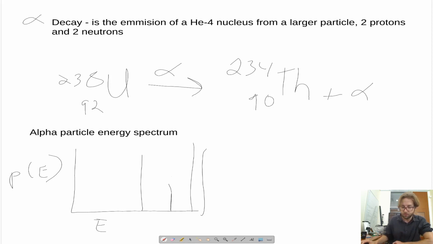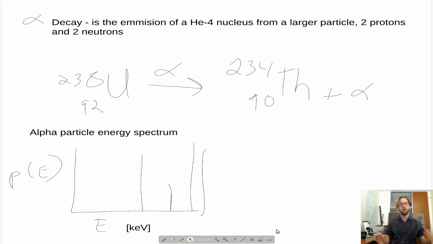And we typically measure this in keV, or kilo electron volts. And this is different than the betas, which come out with a continuous energy. And the reason for this is that there's no other particle, there's no neutrino in this system to have energy and angular momentum poured into.